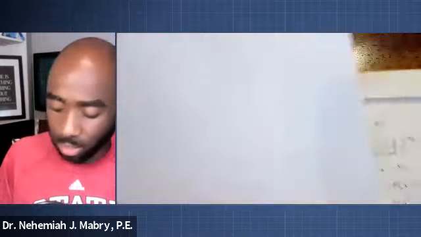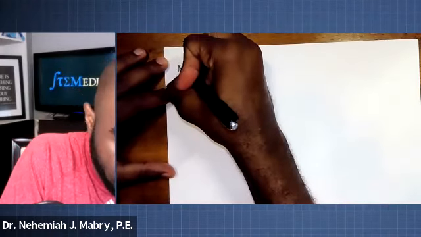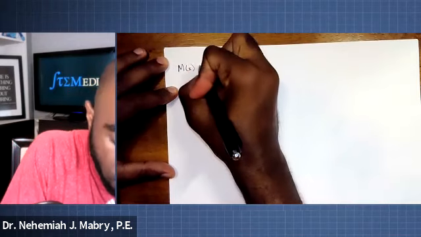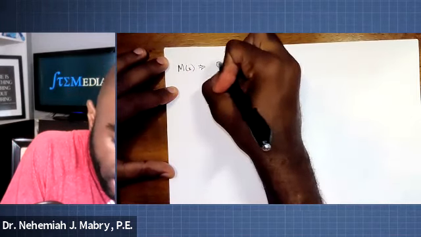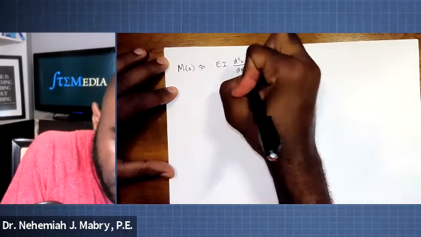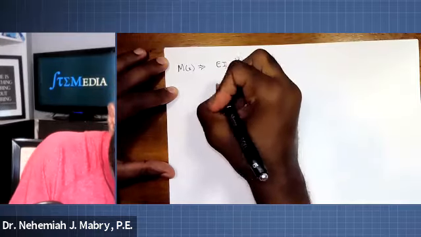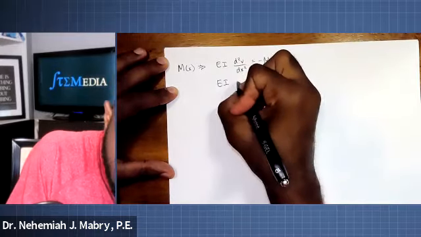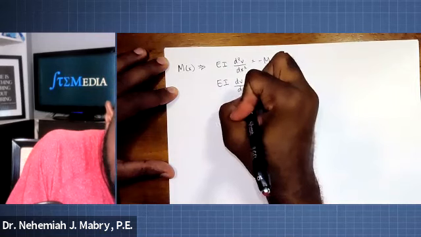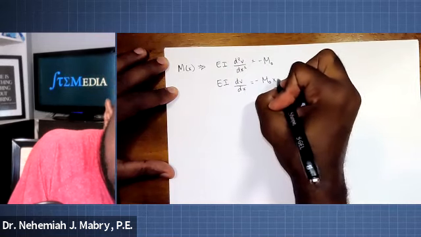So let's start there. I'm going to write this again just so you all can see it. M of x is where we started: EI d squared v over dx squared equals negative M naught. EI dv over dx, this is the slope, is equal to negative M naught x plus C1.